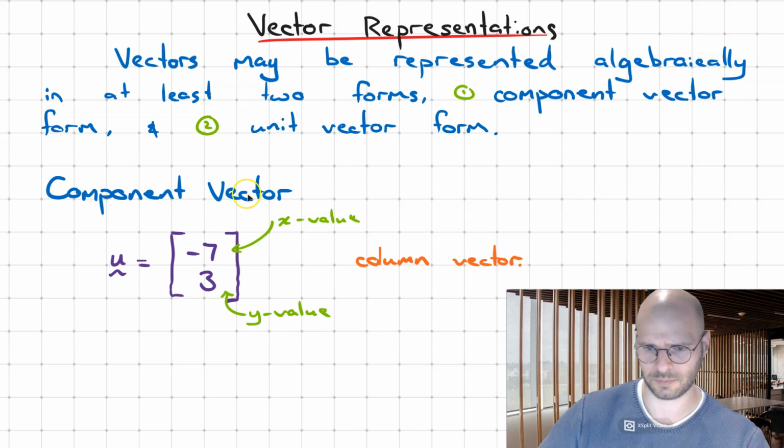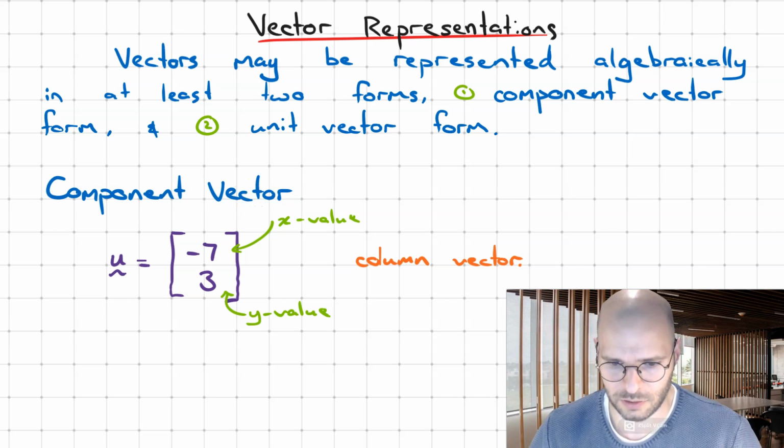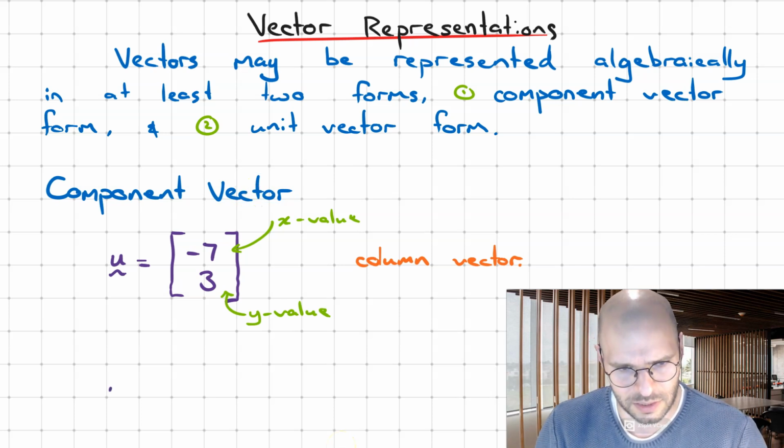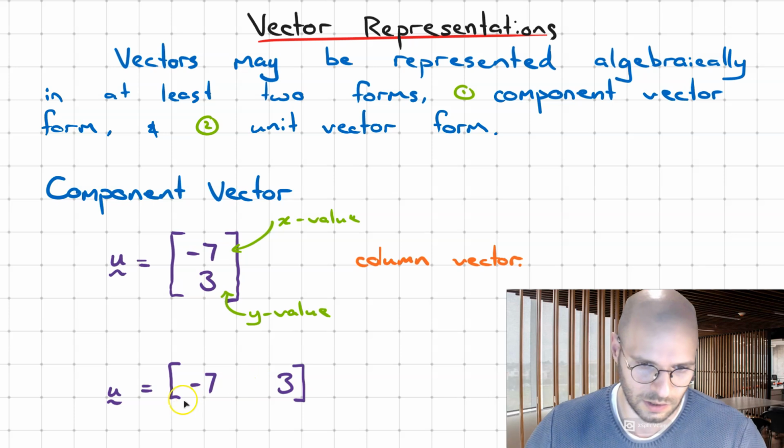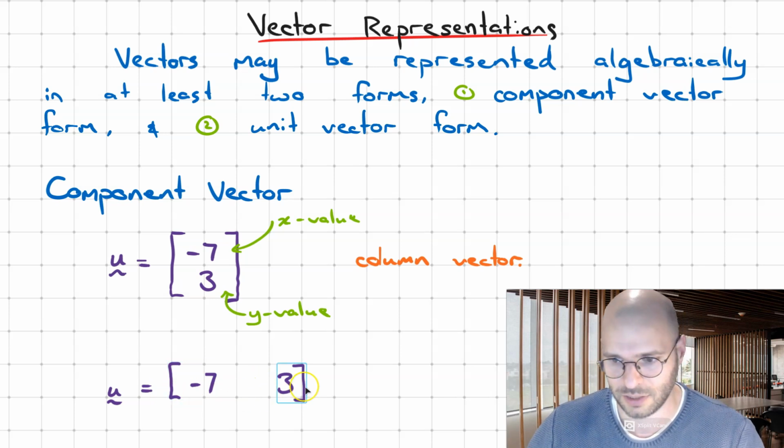And I call it a column vector because the vector is arranged in a 2x1 matrix, so it's a column of numbers. Now the other way in which this can appear is it could be defined as a row vector. Now the row vector looks very similar to a point in space. However, notice the key differences. It's done with square brackets, but you can do it with parentheses, but there is no comma between the numbers.